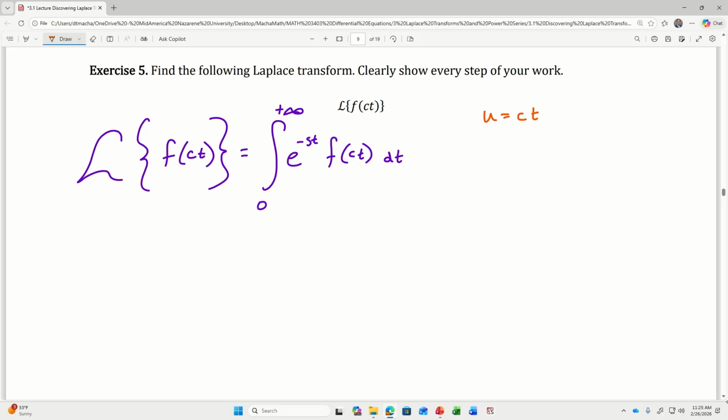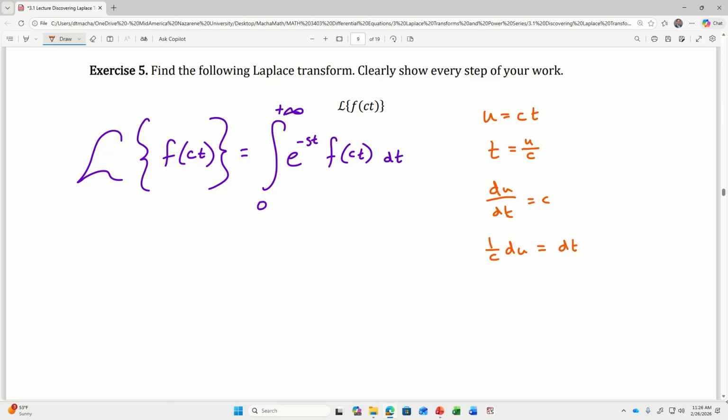I'm trying to be careful not to reuse symbols too many times, but I think it's okay in this case. That means if I were to ever see a t, t would be u divided by c, and I would have to replace my dt with 1 over c du.